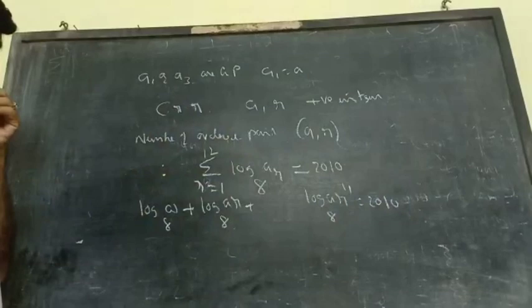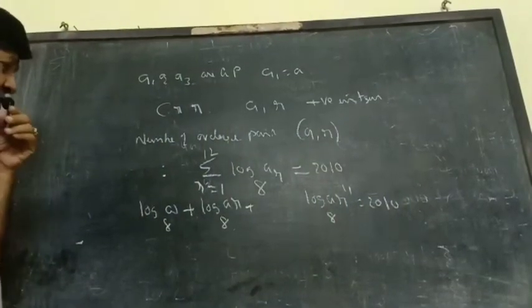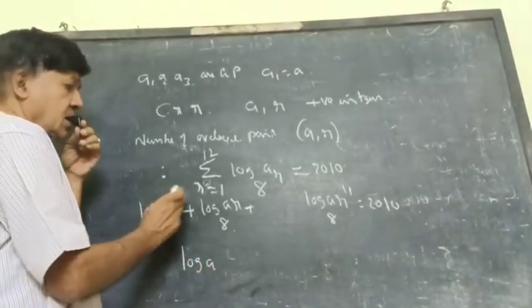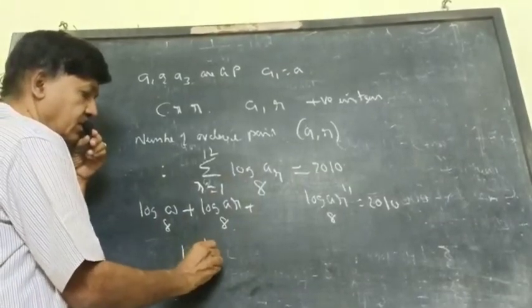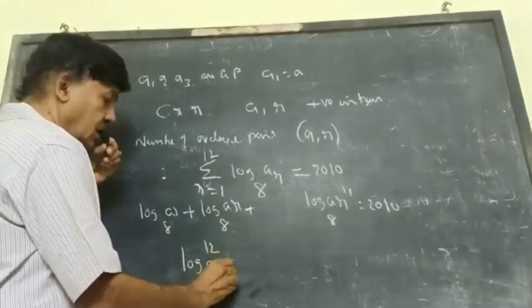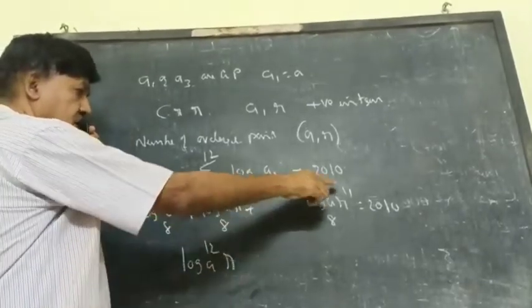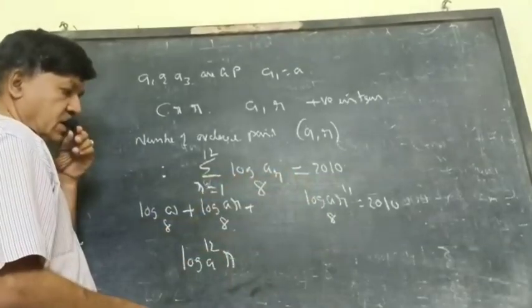Base is 8. All of you know logarithms. Log m plus log n is log mn. So, finally, log of A, how many times? 12 times. So, A to the power of 12, R to the power of 1 plus 2 plus 3 up to 11, because R into R square into R cube up to R power 11 you will get that.